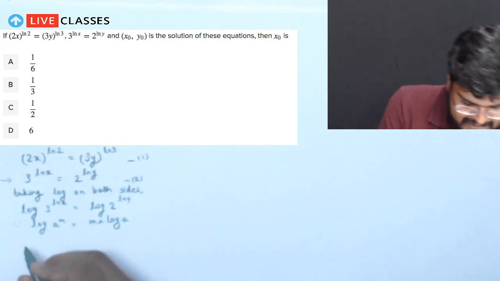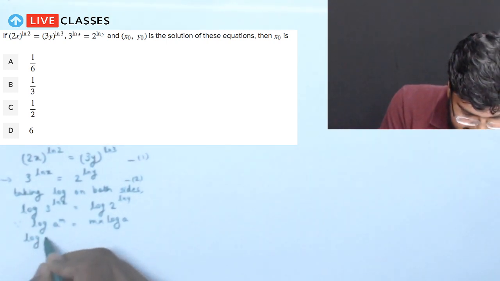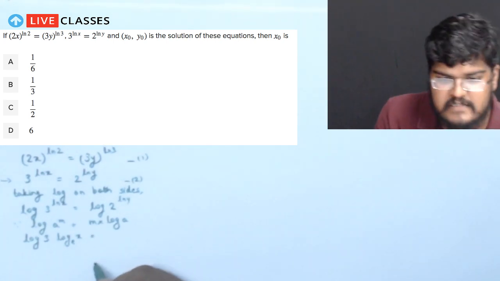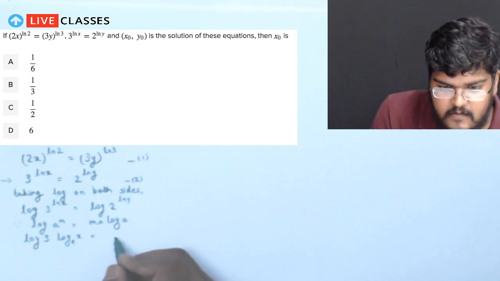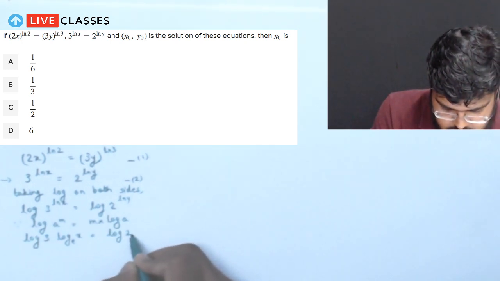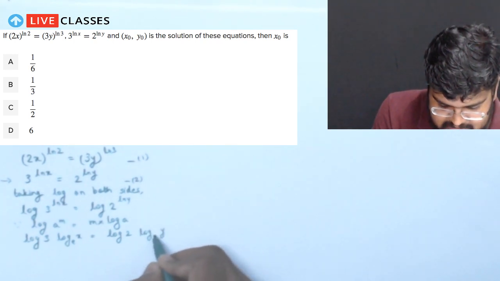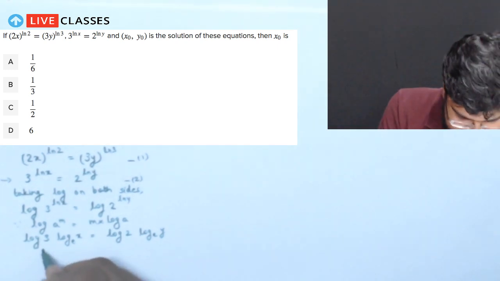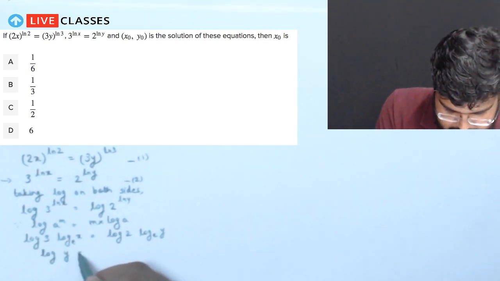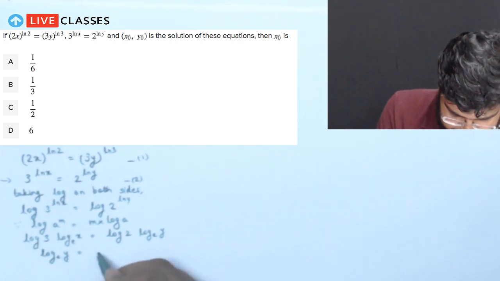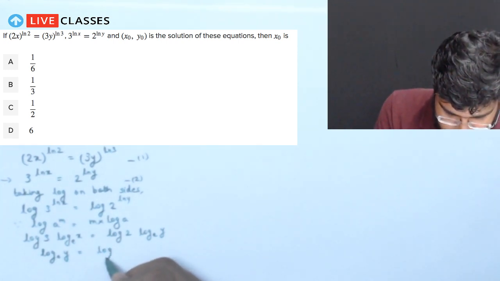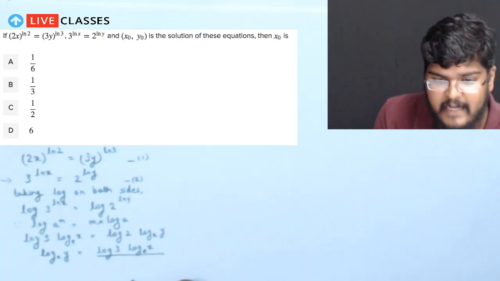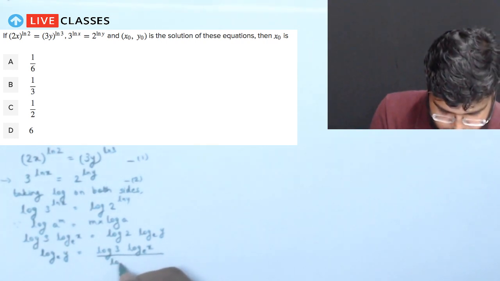So we will get log 3 times log x with base e equals log 2 times log of y to the base e. From this, if you try to get the value of log of y, you'll see that log of y to the base e actually equals log 3 times log x with base e divided by log of 2.